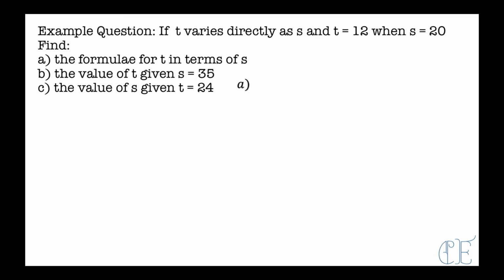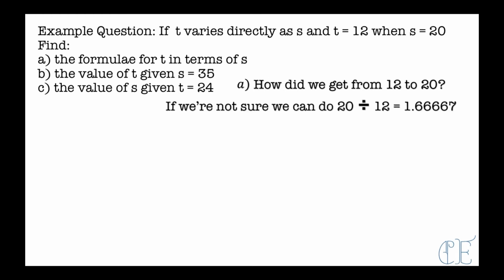So the first thing we need to think about is how did we get from 12 to 20? Okay, so what did you times by to get from 12 to 20? So if we're not sure, we can do 20 divided by 12, which gives us 1.6 recurring. So what that means is that you've got to do 12 times 1.6 recurring to get to 20.